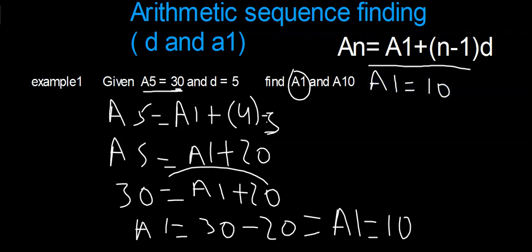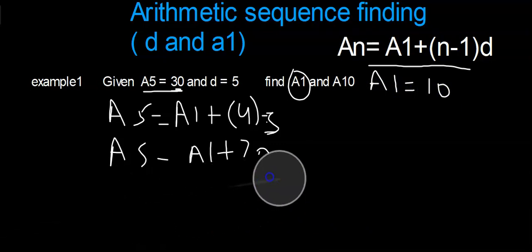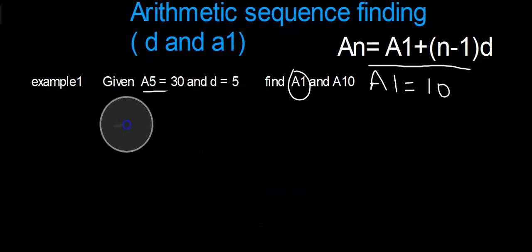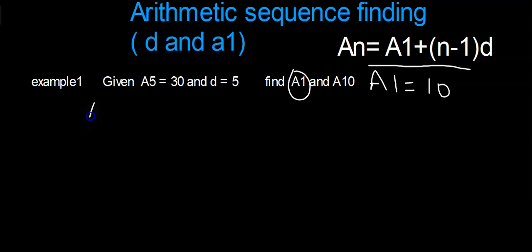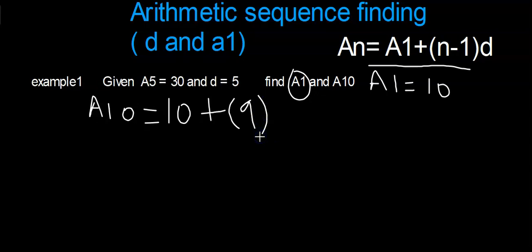Now I can find the value of a10 so easily because I've got everything that I need. If I have a1 and d, I can find the value of a10. So a10 will be a1, which is 10, plus 10 minus 1, which is 9, times d, which is 5.